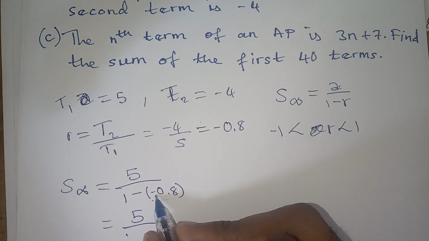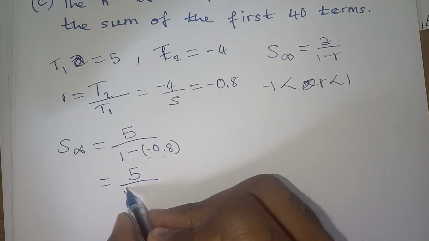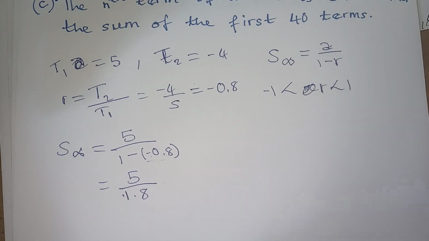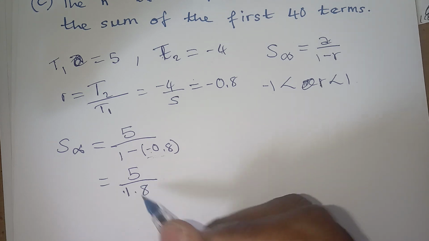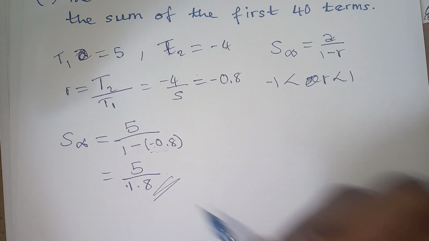This minus this, remember this will be a plus, so this will be 1.8. You can simplify it further, but I don't have my calculator and I don't want to deal with such numbers, so I'll leave it here.